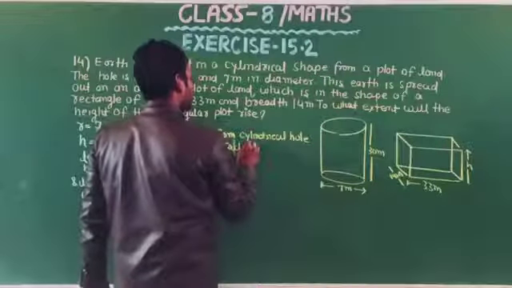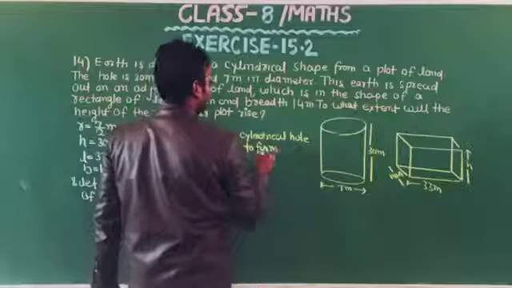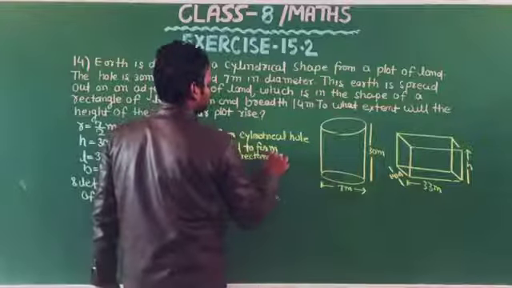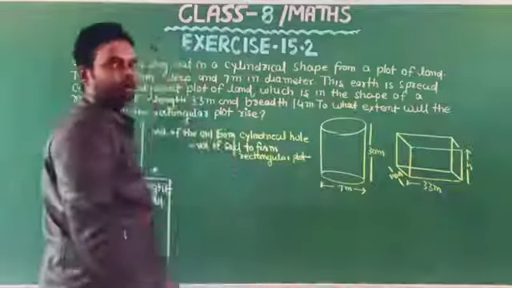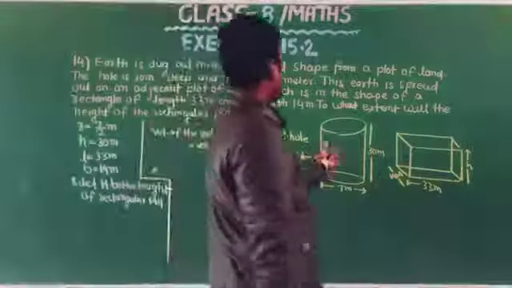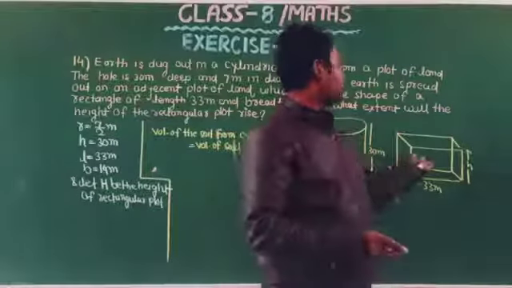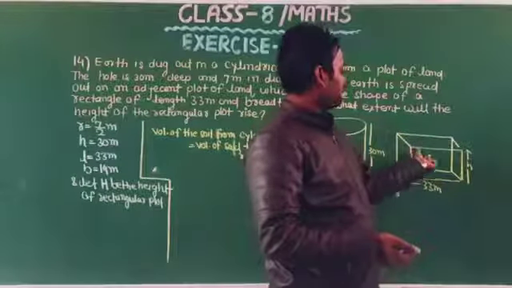The total volume of soil is equal to the volume of the rectangular plot formed by the soil.